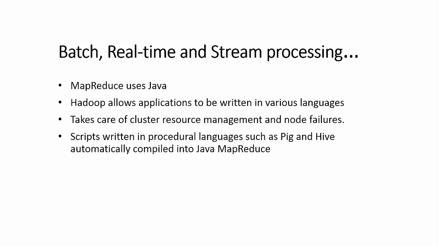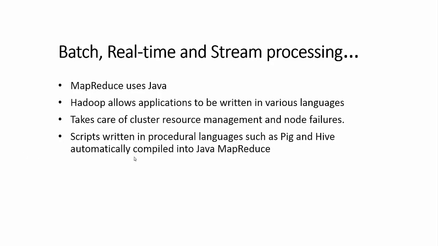Scripts in high-level languages such as Pig and Hive are automatically compiled into a set of MapReduce Java classes by the respective engines, which are then executed on the Yarn framework across a cluster. Yarn is Yet Another Resource Negotiator, which we'll look at in the next video.